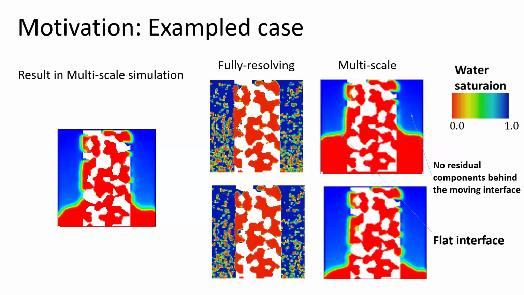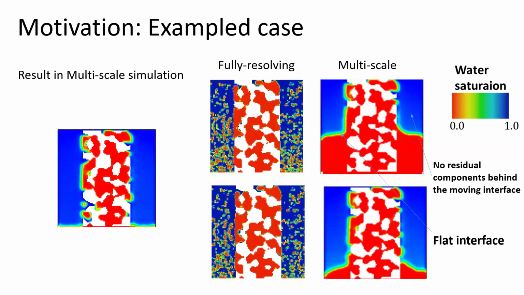The second deficit is that after the water flush propagates here, we don't see any residual oil component here as we do in the comparison. That comes from the model assumption, because we don't touch anything for the intercomponent force in this under-resolved region. Here we use a Shan-Chen model.